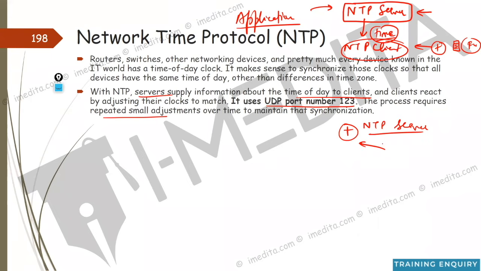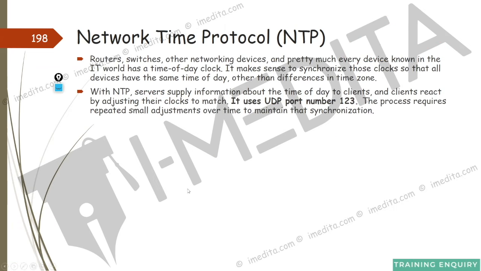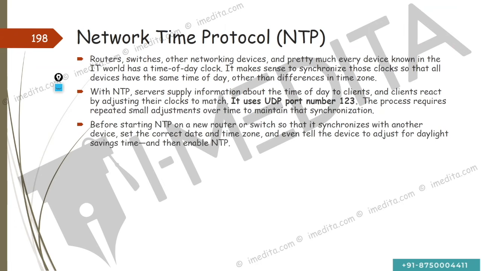I'll synchronize this time by looking at some trustworthy source. Once you synchronize the time, then you can ask your NTP server, or the device acting as NTP server, even a router can act as an NTP server, and then provide time to others.